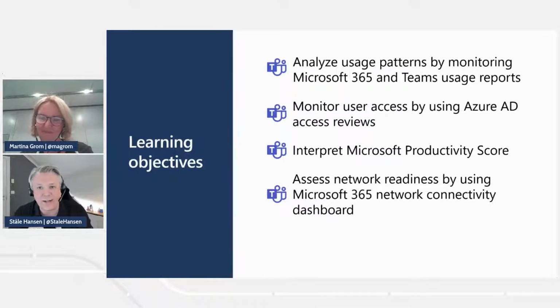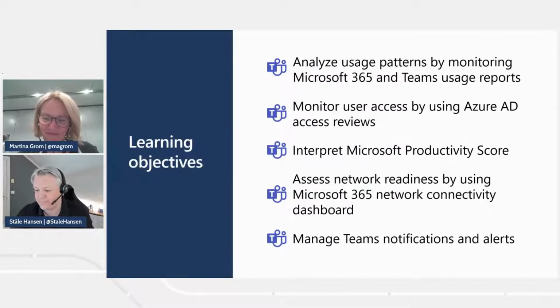And then also assess network readiness by using the Microsoft 365 network connectivity dashboard. I'm going to demo that by the end of today. And I believe this is the best networking tool that Microsoft has released for Teams and these kinds of tools to date. So I'm going to show you why. And then we're going to talk about notifications and alerts and what you can get there.